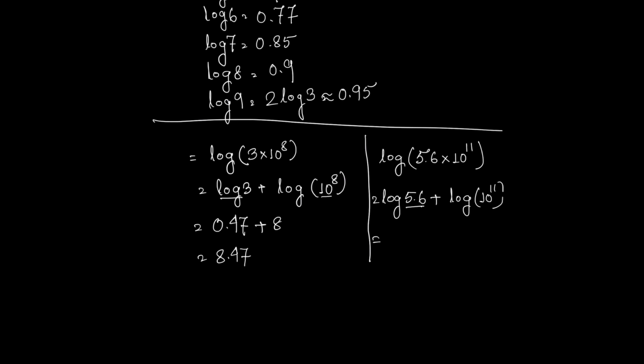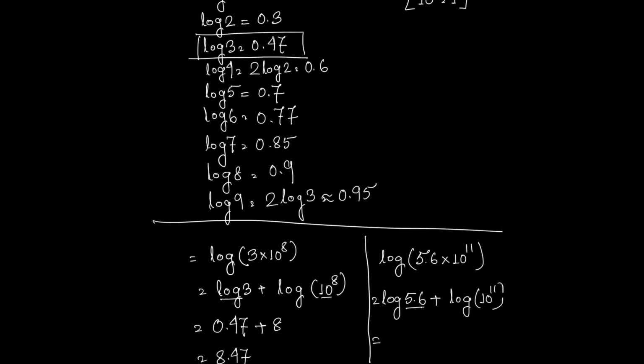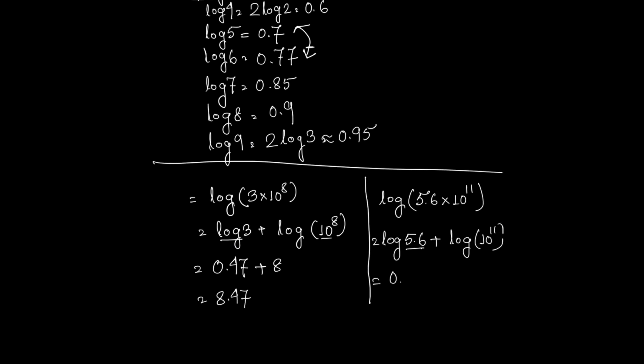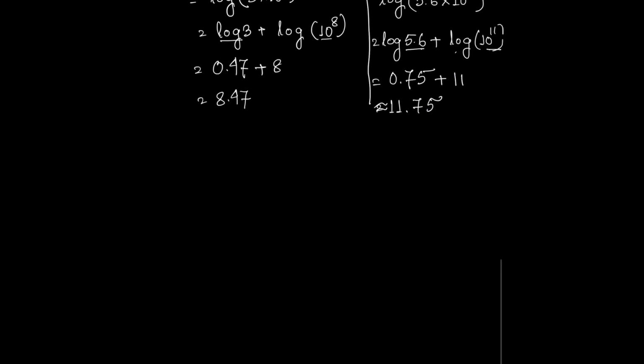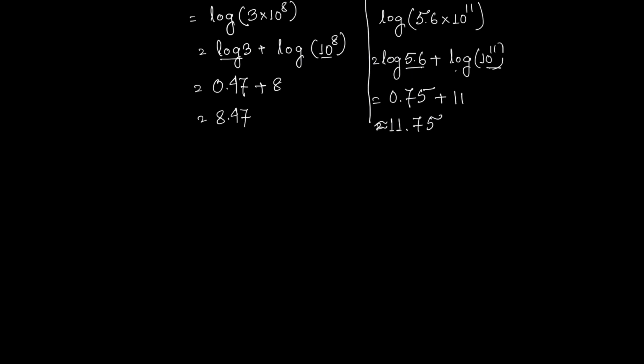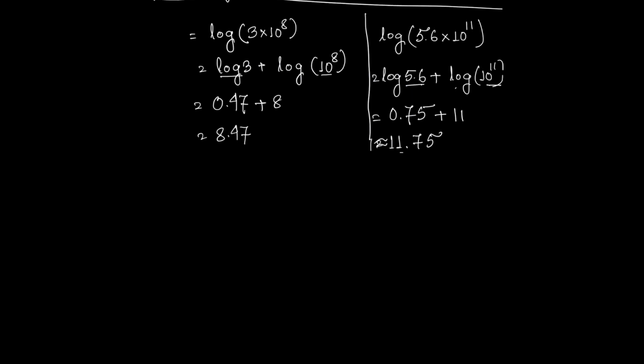So we have to take a number between 0.7 and 0.77, but mostly inclined towards 0.77. So let's take 0.75 plus 11. So its answer will be nearly 11.75, and the options given in your MCQ questions will not be too near, so you can always write in this format. So it's an easy process. Now you can do this on your own.